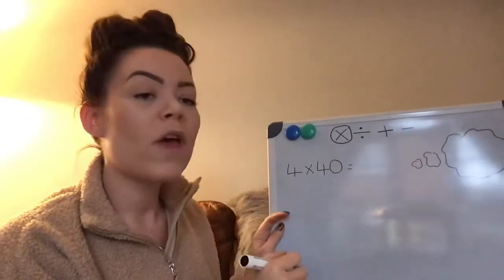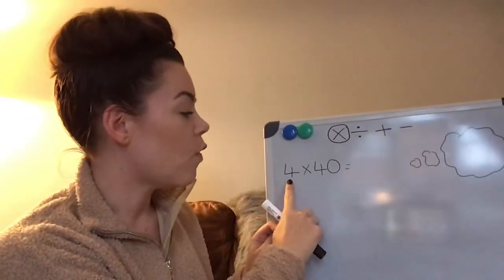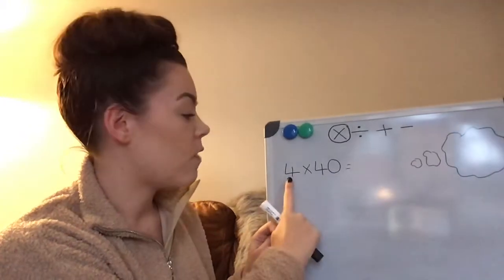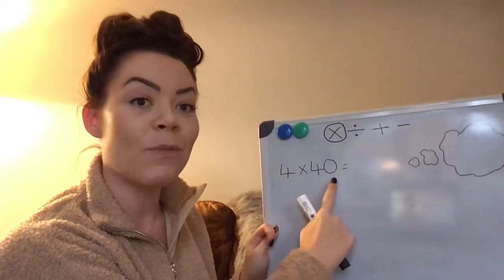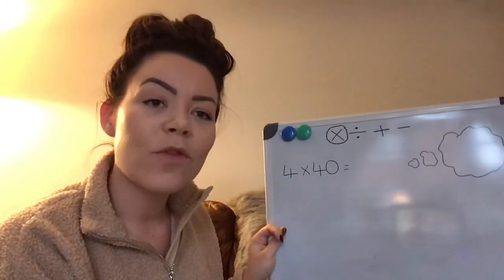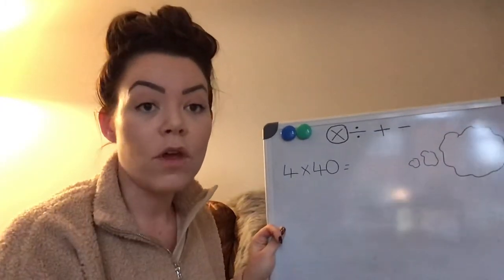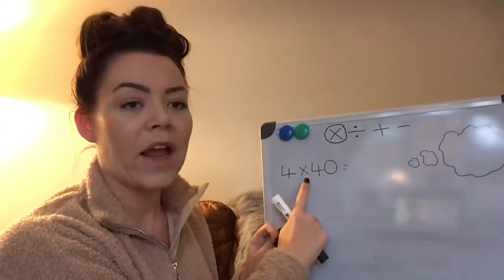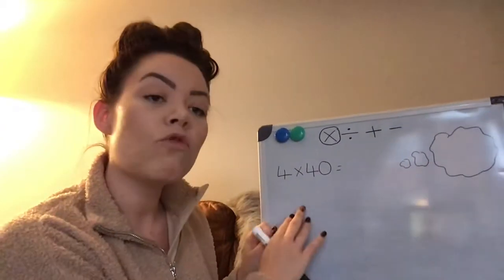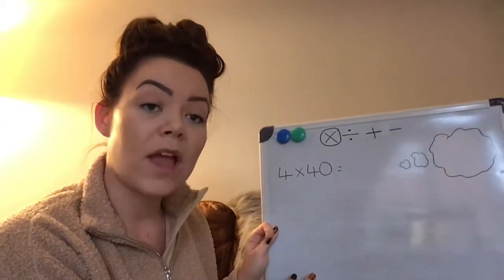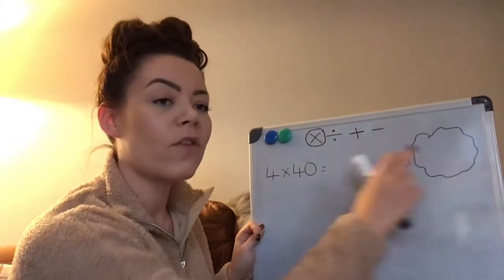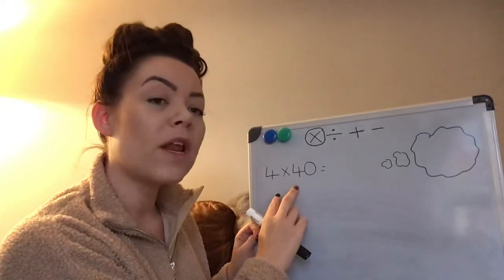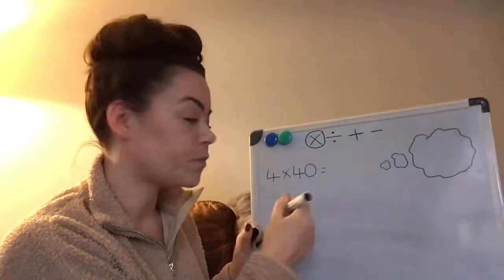Okay, so the first one we're going to have a look at today is 4 multiplied by 40. 4 lots of 40, 4 groups of 40, 4 times 40. I like to say it in lots of different ways to remind you and to remind me exactly what that means. Now you could draw out your array picture again if you wanted to, but you might be able to think of a fact, a number sentence that you know really quickly that will help you answer this one.